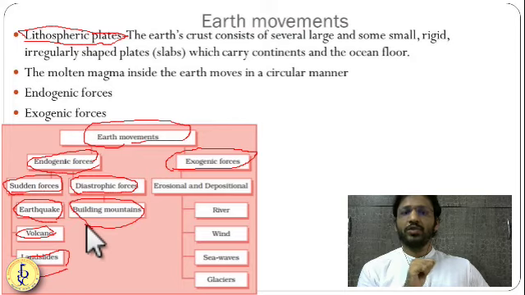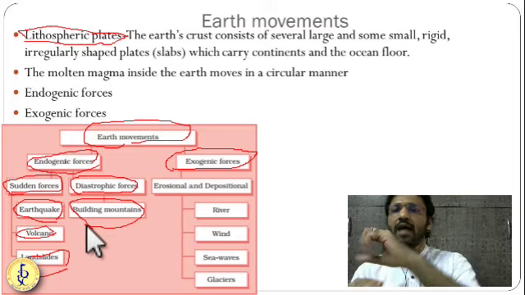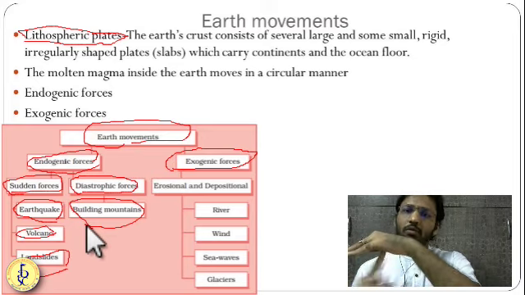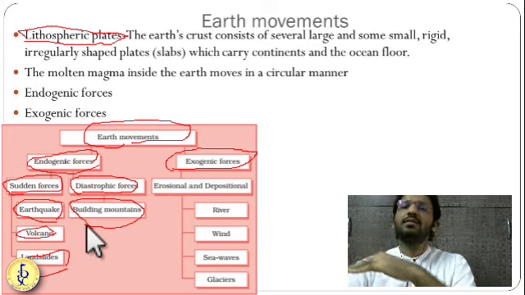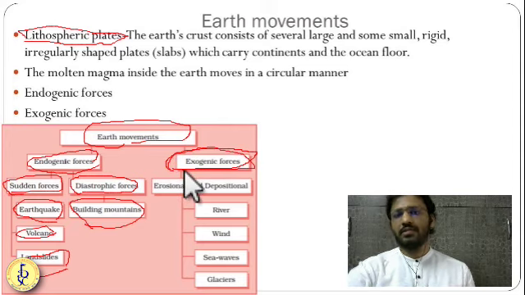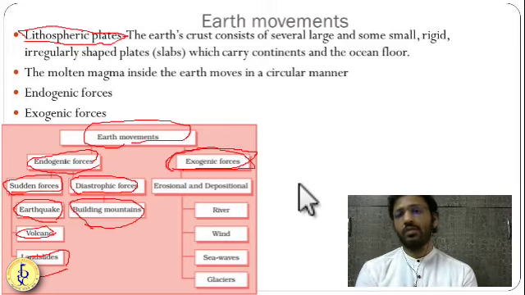So these are the two types of forces: sudden forces and slow forces or diastrophic forces. These are the forces or the movements happening inside the earth. Another force or process is happening on the surface of the earth. They are known as exogenetic forces or exogenetic processes. What gives power to these exogenetic processes?